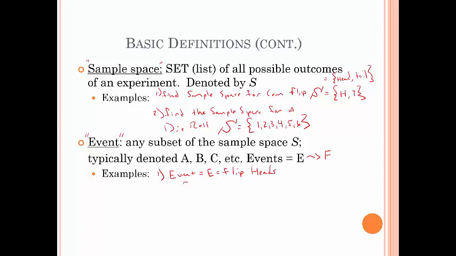We would just show this as E is equal to the set of all those possible outcomes. Well, the only way that could happen is you flip heads. Or going with the die roll, how about the event, we'll call it F, of rolling an even number. Well, that event F, when you roll a six-sided die, the ways you could roll an even number would be the numbers 2, 4, or 6 here.